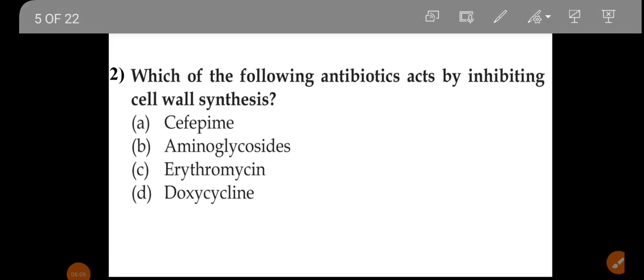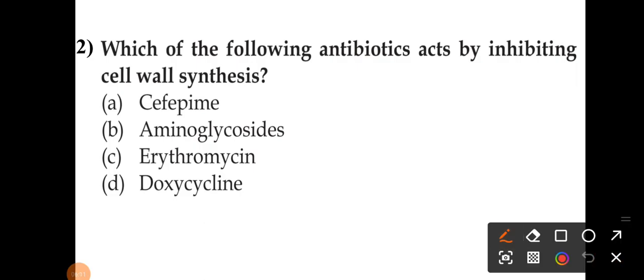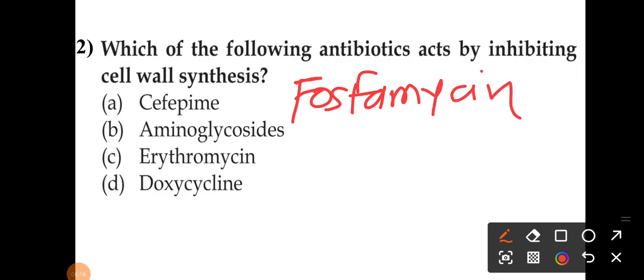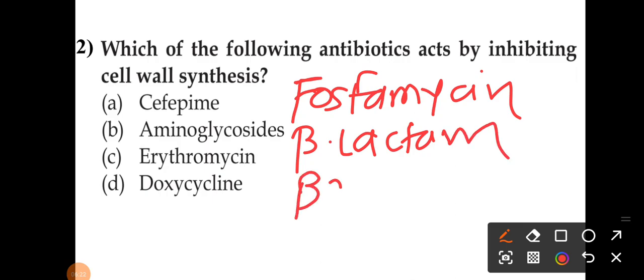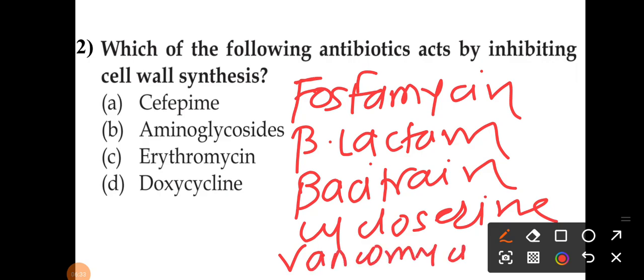These are fosfomycin, then beta lactam antibiotics, then bacitracin, then cycloserine, and vancomycin, right. So these are the drugs which mainly inhibit the cell wall. The mechanism of action of these drugs is cell wall synthesis inhibition. Now we are going to see what the options are.